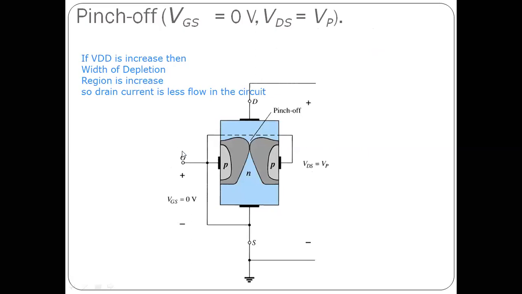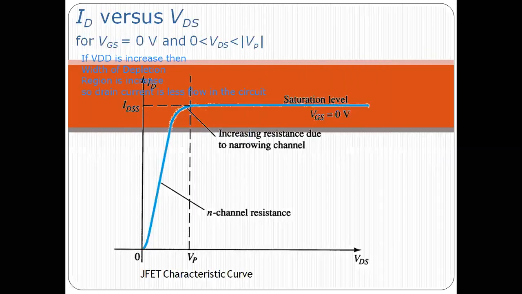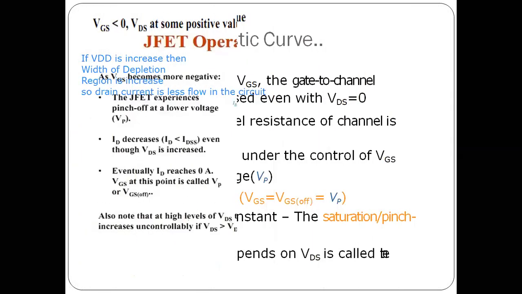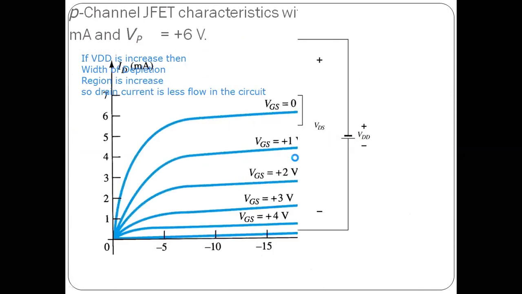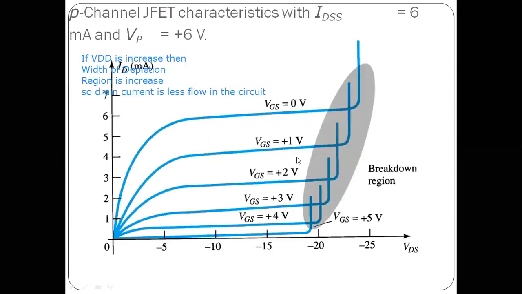Now see, this is the construction related to JFET. VGS equal to 0, 0 less than VGS less than VP. See, this is the graph of JFET. I already mentioned plus 1, plus 2, plus 3, plus 4. Obviously, VGS is negative for N channel, obviously positive for P channel. Why? Because P channel is directly connected to supply voltage.